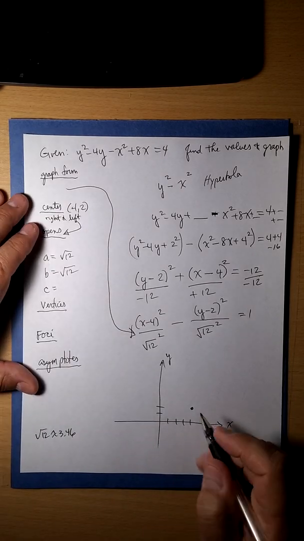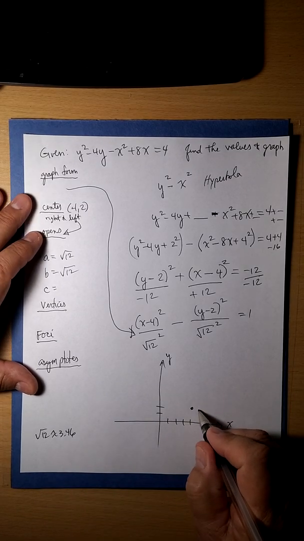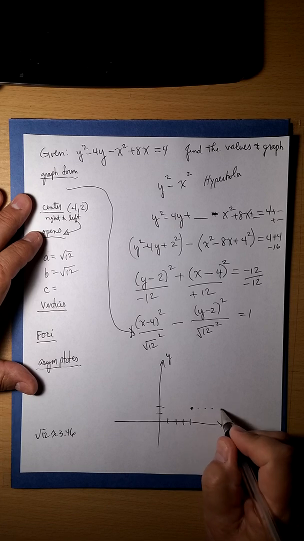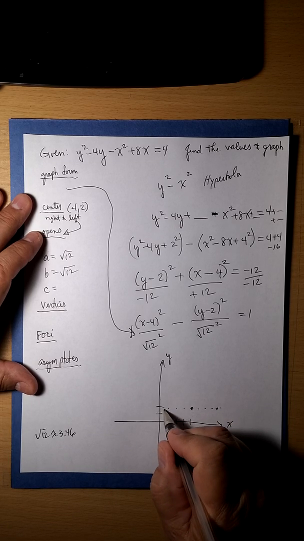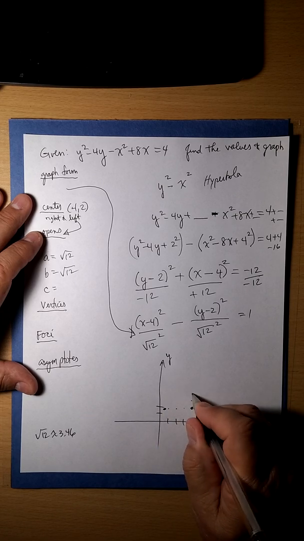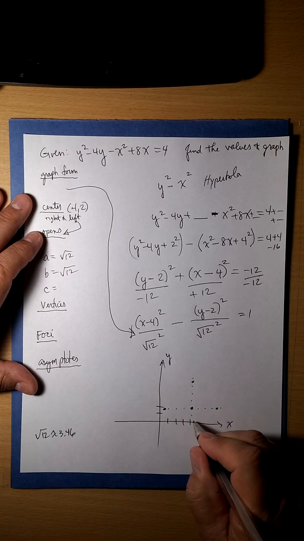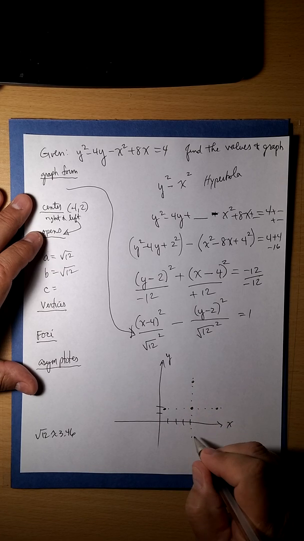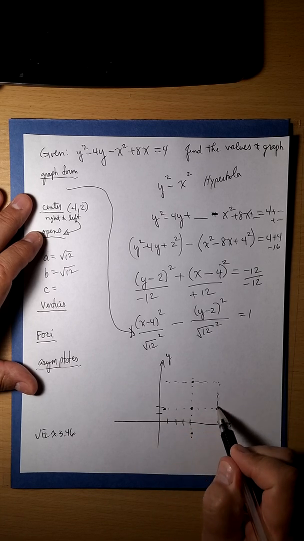So I'm going to go to the left and the right about 3.5, and up and down 3.5. That's going to be my rectangle. In this case, it's a square.